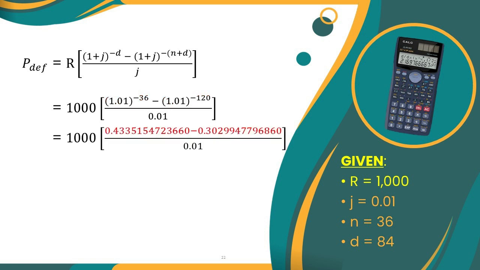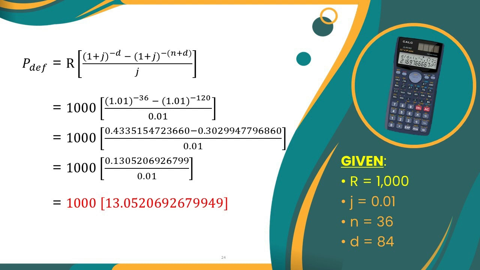Then, subtract. Then, divide. Then, multiply. Hence, the answer is 13,052 pesos and 7 centavos.